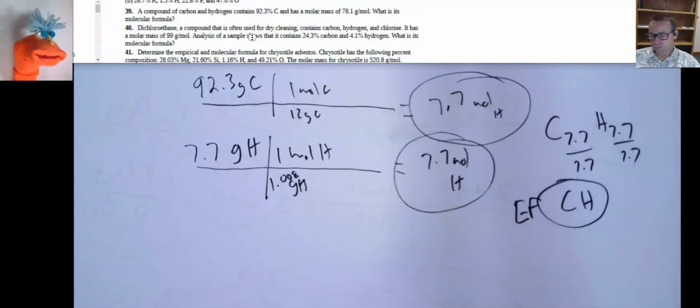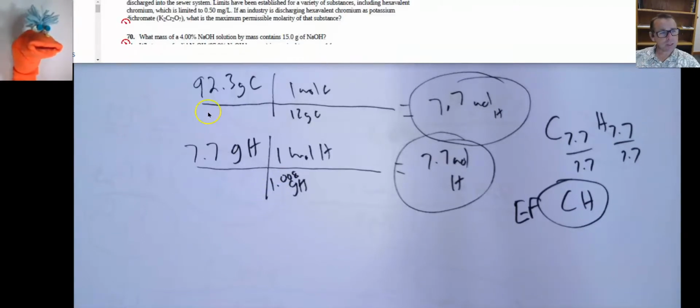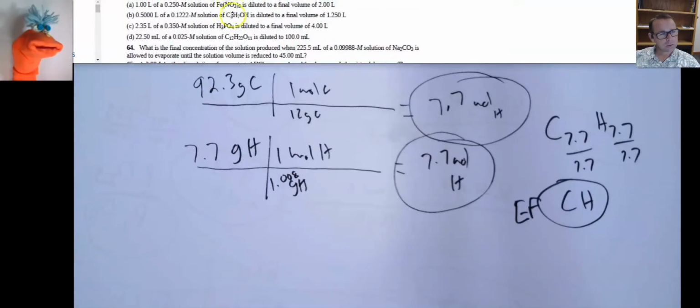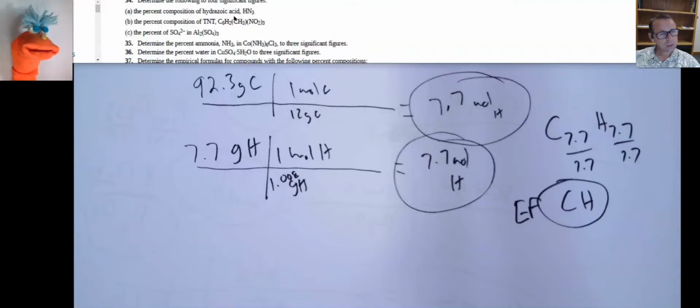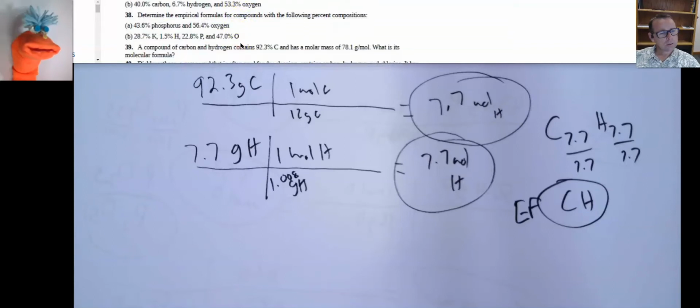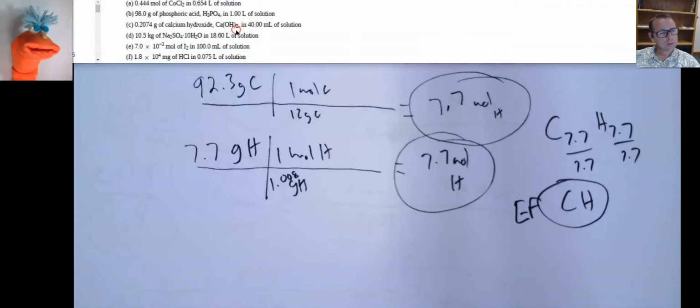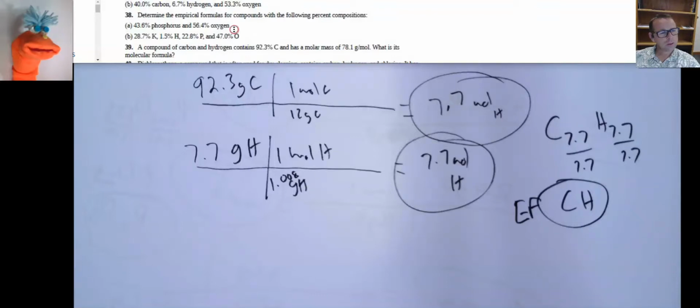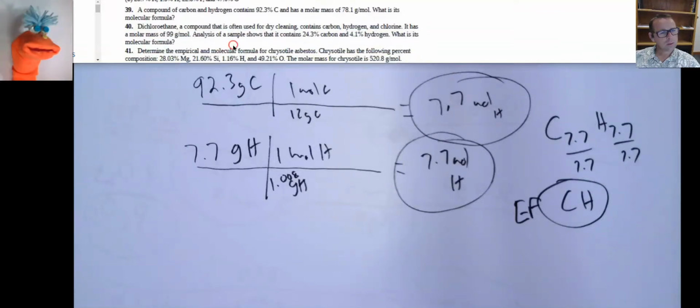That's our empirical formula. But that's not the answer, is it? No, they want the molecular formula. I get the molecular formula by knowing the relationship between the empirical formula and the molecular formula.